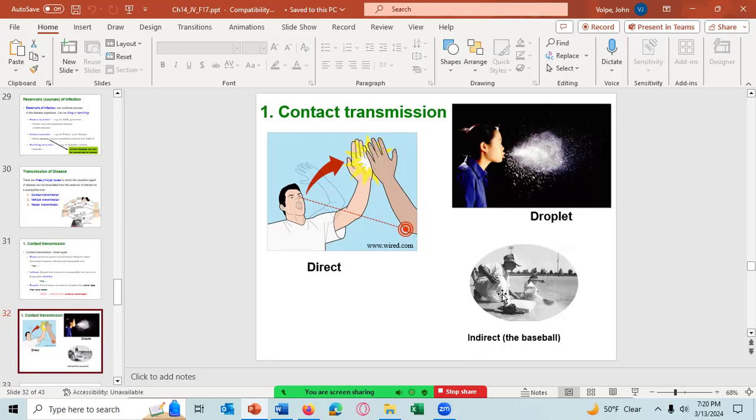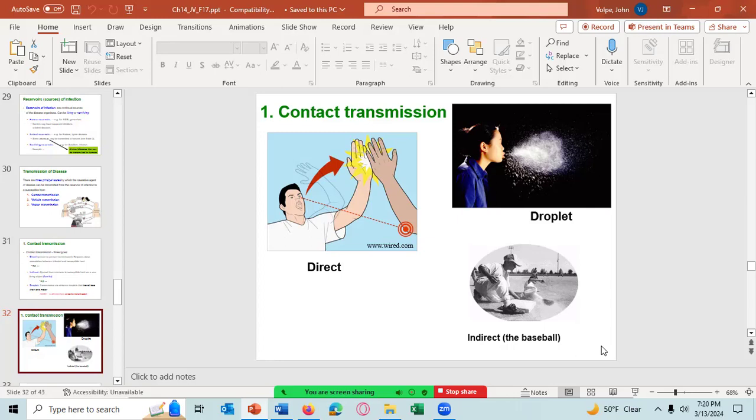Indirect, an object or fomite receives the pathogen from, let's say, in this case, the catcher. The baseball is the fomite, and then the catcher touches the baseball, picking up the microbes. And usually the catcher or other individual has to inoculate the microbes in a mucous membrane in the face.